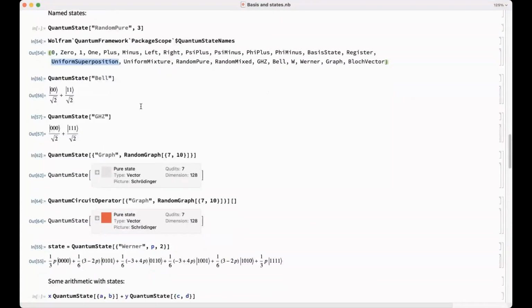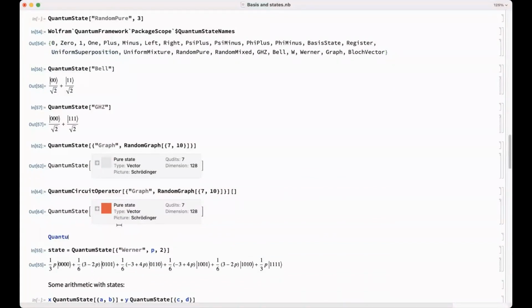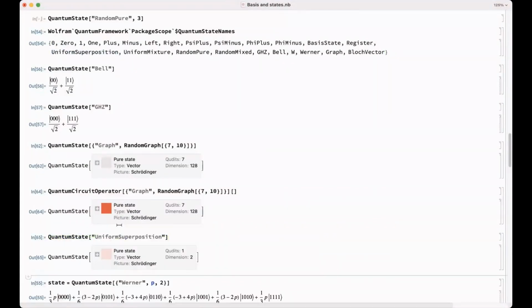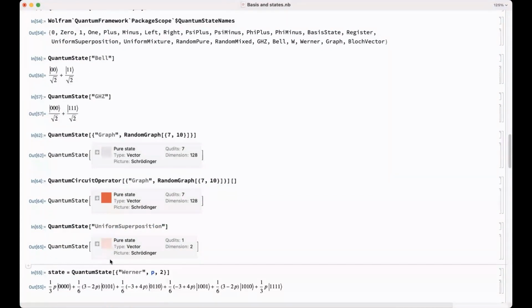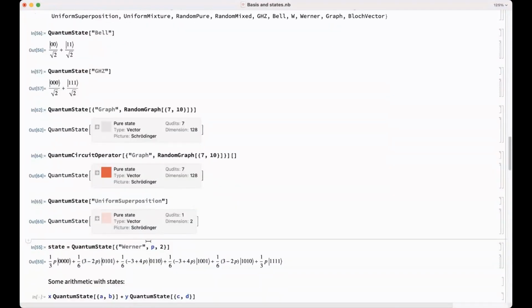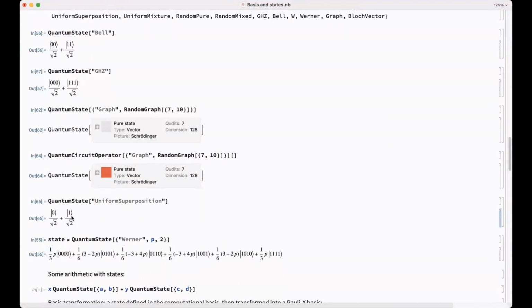Well, uniform superposition is a very common state. Basically, it's what you get after applying Hadamard to your empty register, right? Uniform superposition is just a superposition with the same probability for each of the ket states.